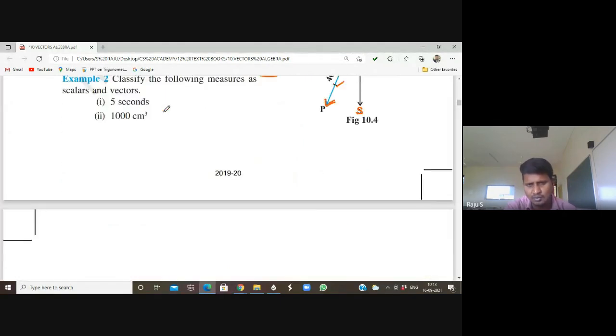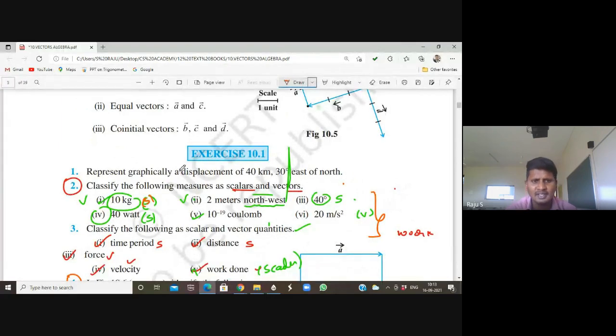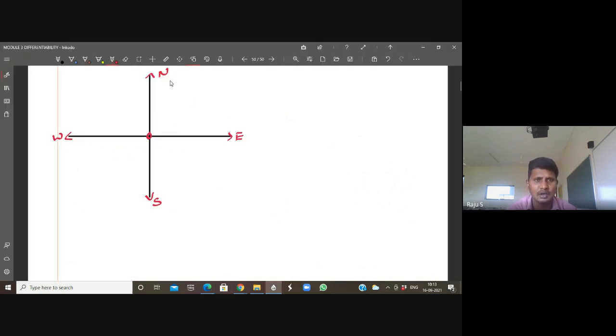In the same way, there is one question in the first exercise: displacement of 40 kilometers, but there west of south is given, and here east of north. From north, we can take 30 degrees.